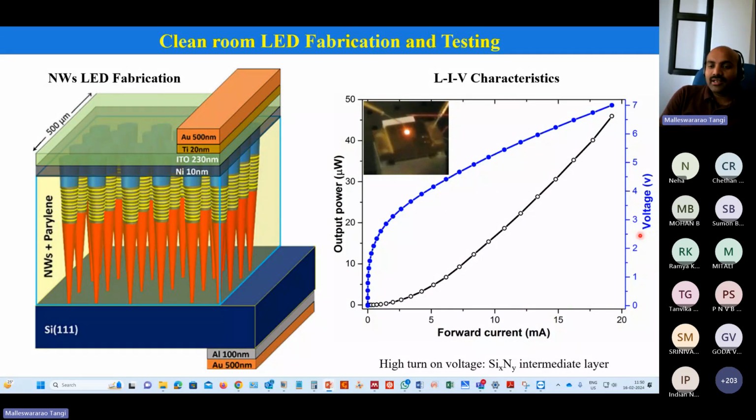This problem arises because of unavoidable silicon nitride formation during the MBE growth process. Since we use a nitrogen plasma source in the molecular beam epitaxy system, the silicon has a high tendency to form silicon nitride as an interface layer just before growing gallium nitride. The silicon nitride layer acts as a kind of barrier, so electrons tunnel through. That results in this high turn on voltage.